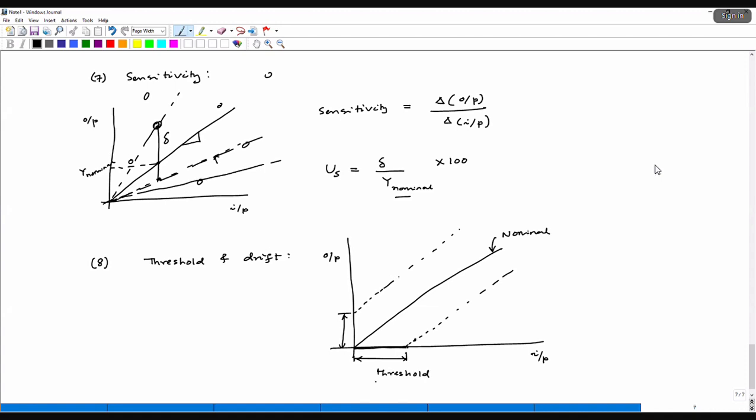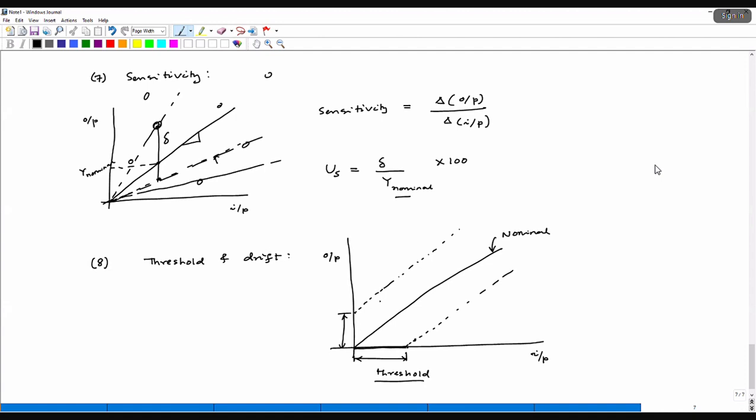So every instrument will have some threshold, and if you have some input below that, you will not get any output. Okay. Similarly, if your instrument is faulty or you use the instrument regularly over time, you may see that when you have 0 input, you are still seeing some output.